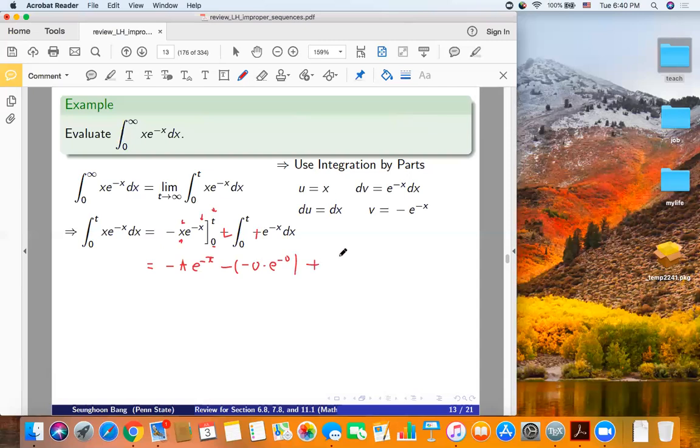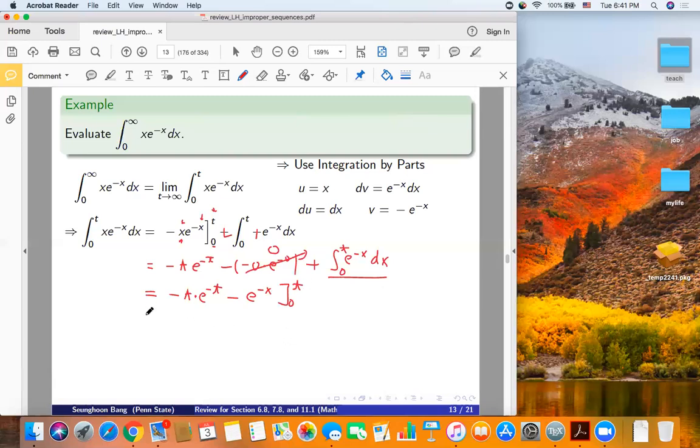This is plus the integral of e to the minus x from 0 to t dx. And simplify. This is negative t times e to the negative t. The 0 times e to 0 is just 0, you don't need it. Find the antiderivative again: the antiderivative of e to the minus x is negative e to the minus x, from 0 to t.